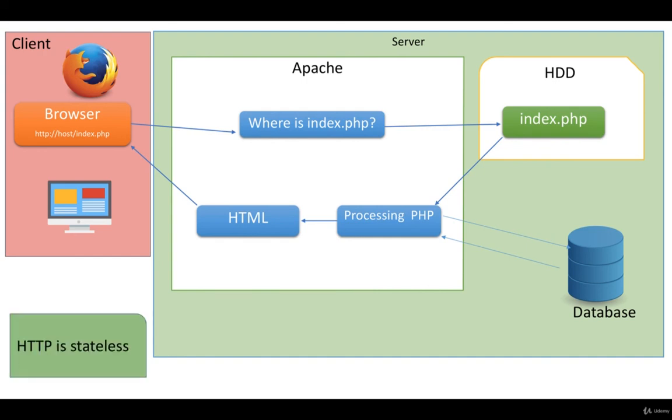As we said, this type of communication is stateless because the server never knows what the client could do when it gets the page. When the client requests the page, the server sends the page to the client, and the server has no control over that page.